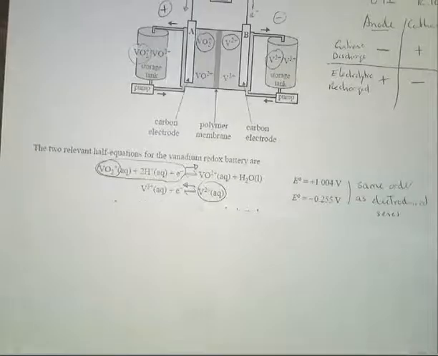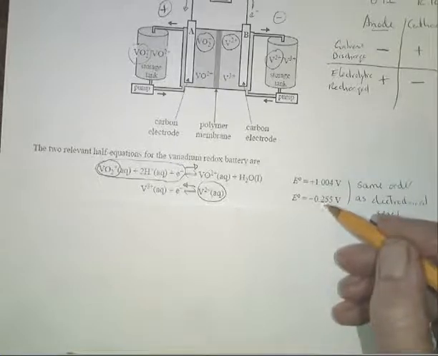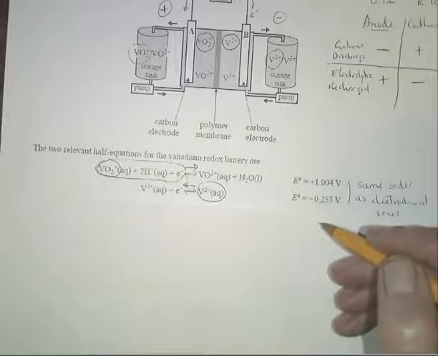Okay, if you look back at the equations that you were given, you can see that negative 0.44 is more positive, negative 0.255 is less negative than negative 0.44.